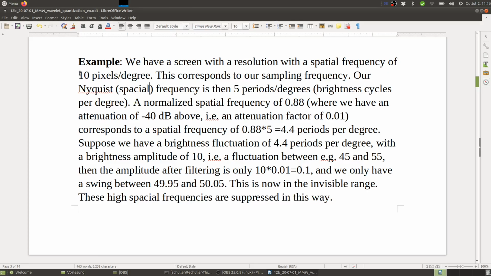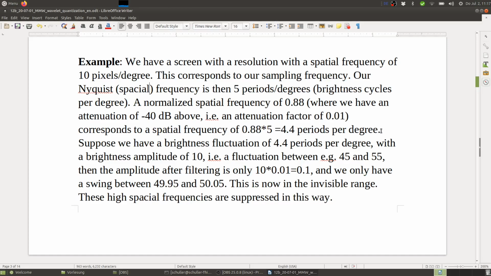So if we have 10 pixels, then we have 5 pairs of dark and bright. At a normalized spatial frequency of 0.88, where we have an attenuation of minus 40 dB in the diagram above, which means an attenuation factor of 1/100th, 0.01, this corresponds to a spatial frequency of 0.88 times 5, which is 4.4 periods per degree on our screen.